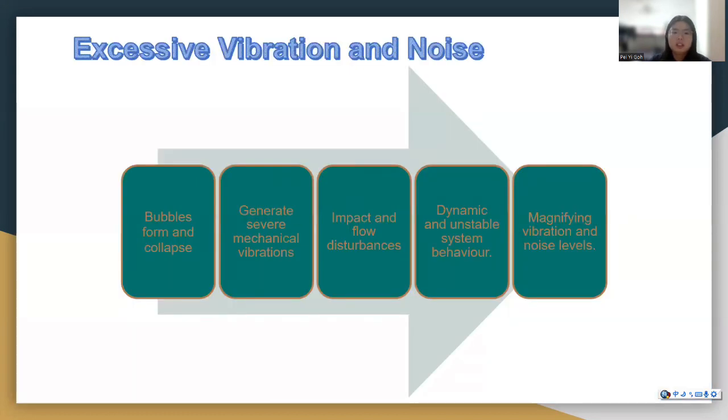Okay. The next effect caused by the cavitation is excessive vibration and noise. This is a major impact caused by the cavitation. As explained before, during the cavitation, the bubbles will form and collapse, causing shock waves, pressure forces, and impact forces in the fluid, generating several mechanical vibrations.